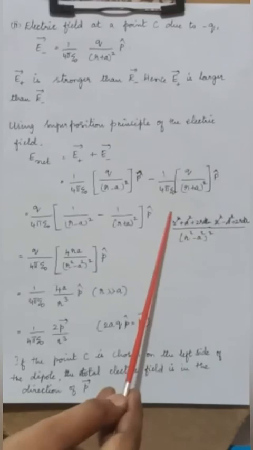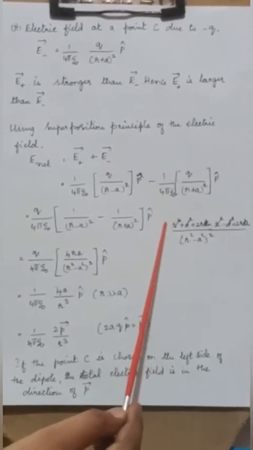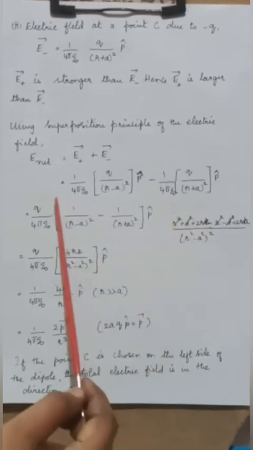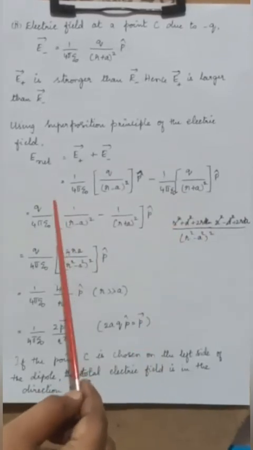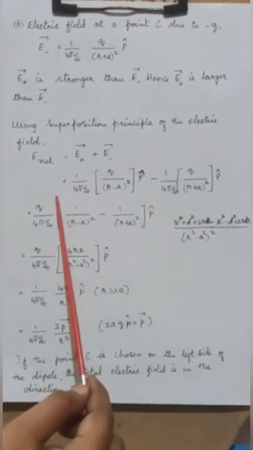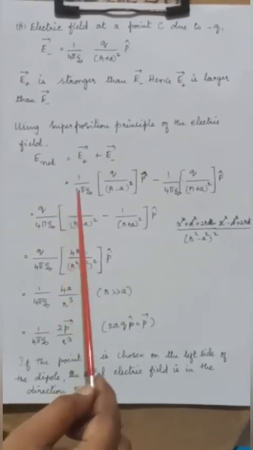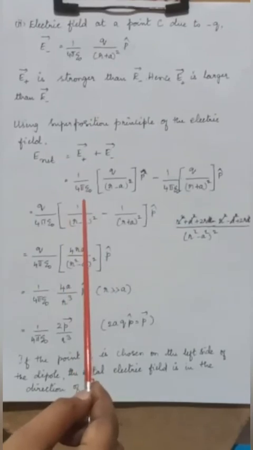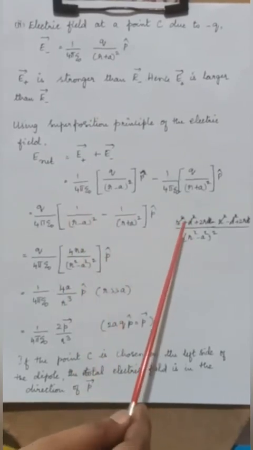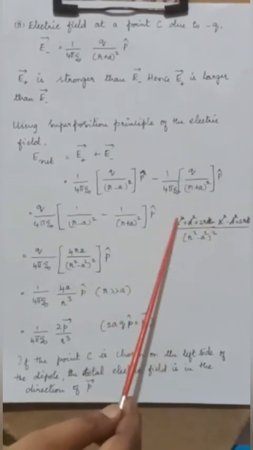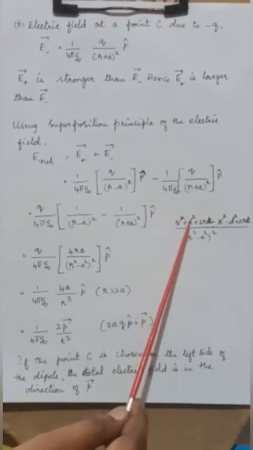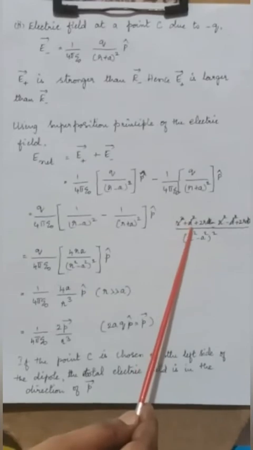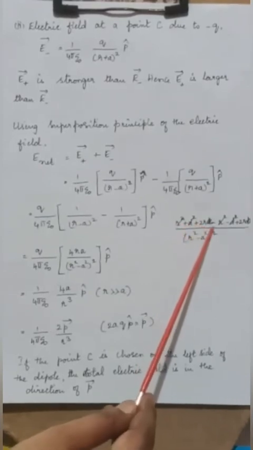Now coming to the numerator. What should I multiply? Only the (a plus b) the whole square form is missing. When (a plus b) the whole square is expanded, it will be a square plus b square plus 2ab. So it is r square plus a square plus 2ra.